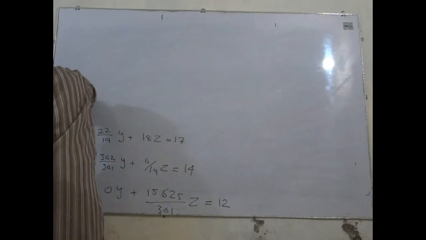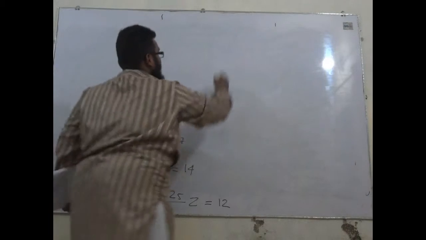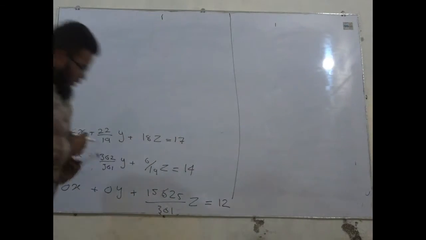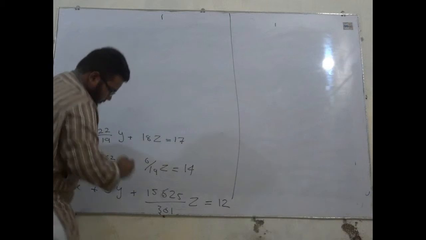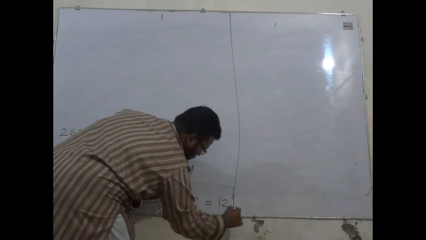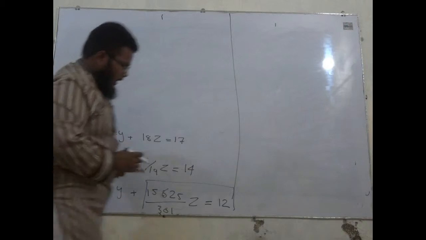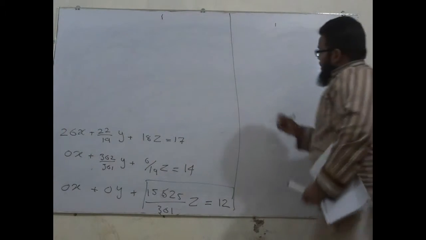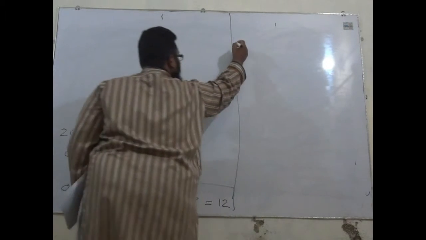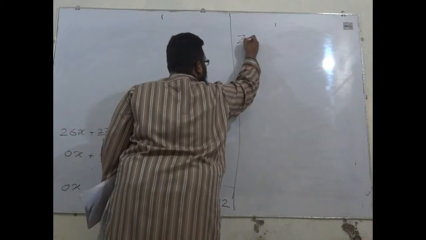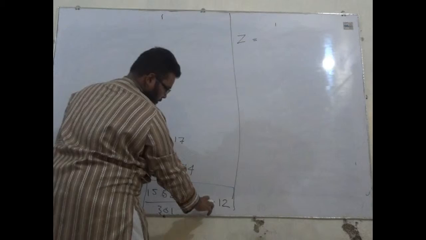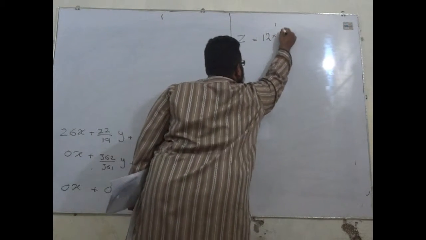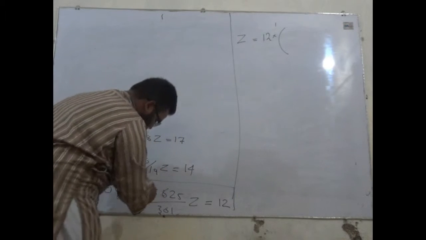Now I have to again divide my board into pieces. Okay, now from this, I hope you can understand. From this, I get the value of z. Okay, now z is equal to 12 into the coefficient of z.